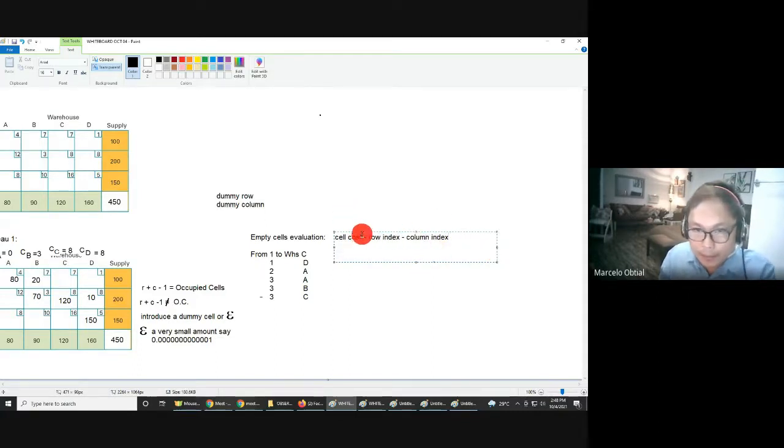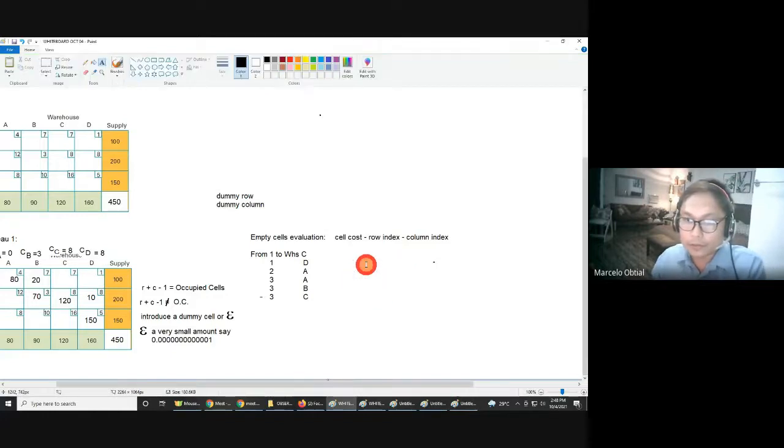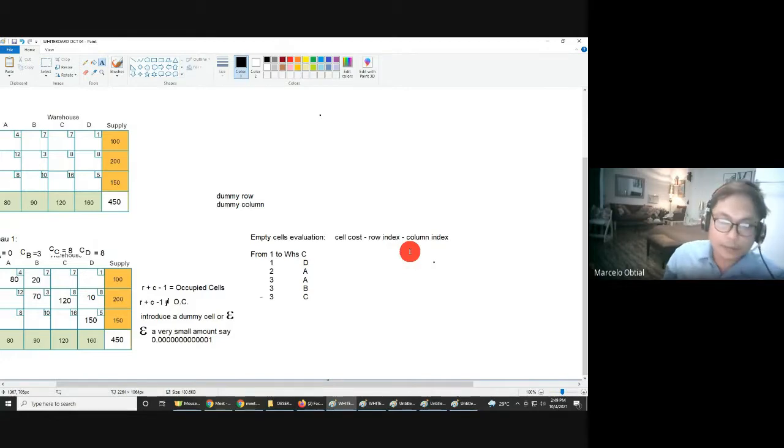Huwag nyo lang pagbaliktarin yung cell cost, kasi pareho lang yung answer niya. That's the commutative property of addition ata. Kahit magbaliktad dito, no problem. Parang plus negative row index then plus negative column index. Just correct me if I'm wrong, ha?